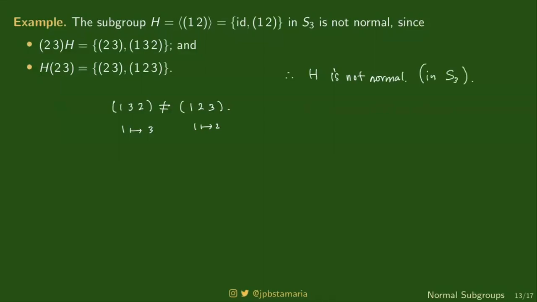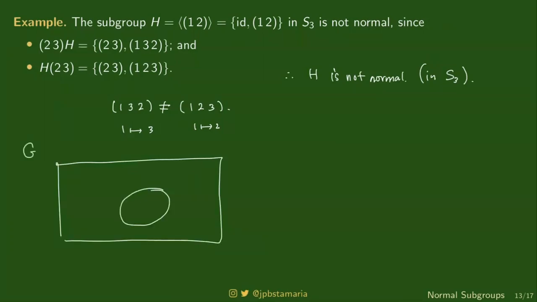Alright, by the way, when you say that H is not normal, you always have to mention where. Now, sometimes kasi, when you look at the subgroup, it may not be normal with respect to the group itself, but it is normal in a larger subgroup. What do I mean by that? Ito si group G. Ito yung H na tinitignan natin, for example. It is sometimes possible that H is not normal in G, no?